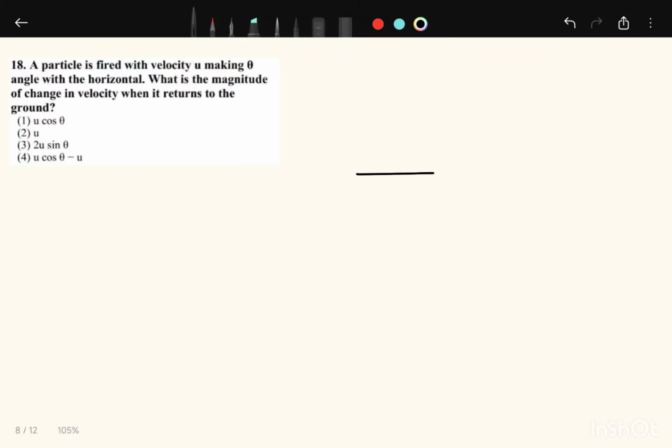So let's suppose we are throwing our particle from this point, right? After some time it reaches here. When it is thrown, let's suppose this is its initial velocity. So initially, what will be the component of this initial velocity in the x direction and y direction? In the x direction it will be u cos theta, right?